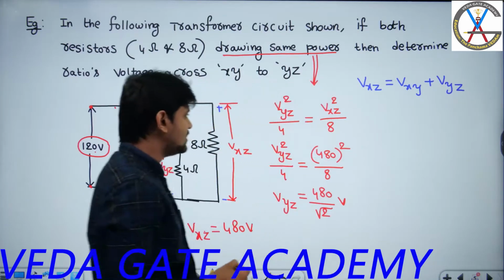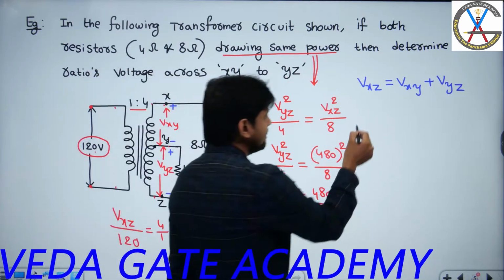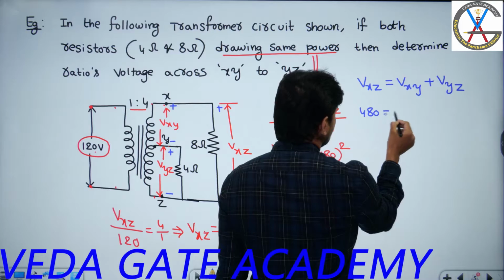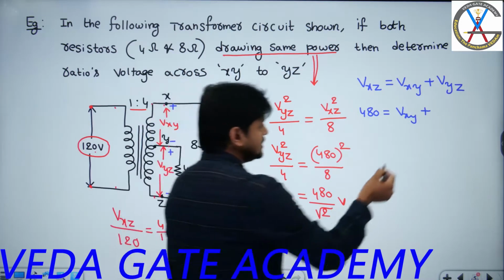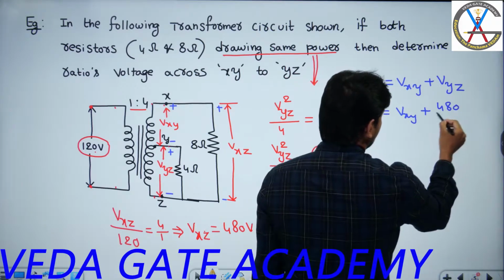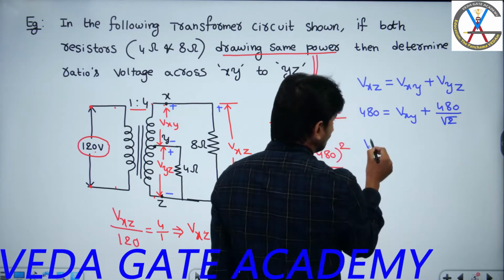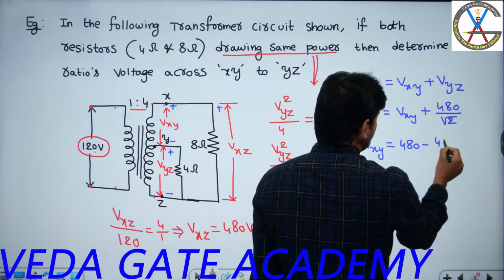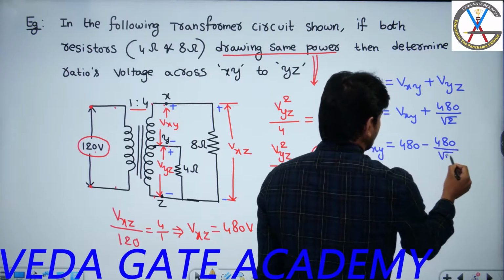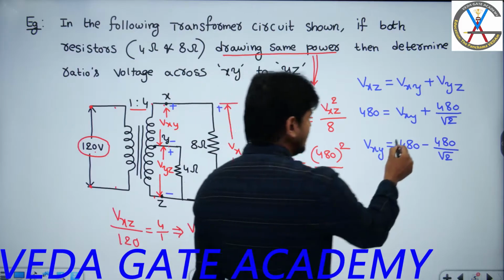And what is the Vxz value? Vxz is 480, which is equal to Vxy, which we need to calculate, plus Vyz, which we just calculated as 480 by root 2. So from here, Vxy is equal to 480 minus 480 by root 2. So this is the Vxy value.